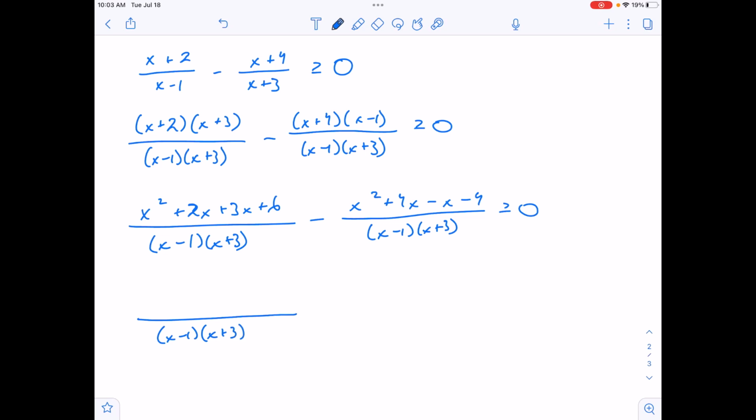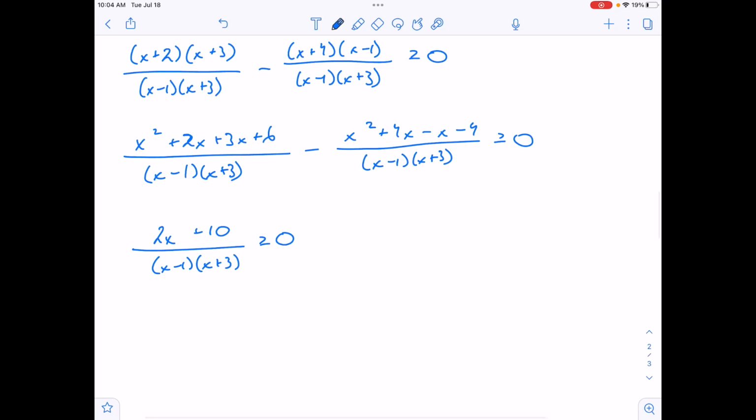I'll check here. I have a positive 2x plus 3x, so that's 5x. Take away 4x is 1x. Take away negative x is 2x. Then I have a 6, take away negative 4, 6 plus 4 is 10. And all of that again greater than or equal to 0.